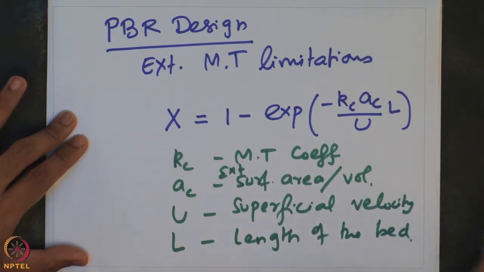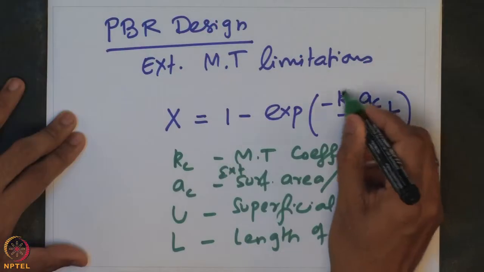So, often the question is, how do we improve the conversion of a given reactor? We know the conversion as a function of the mass transport coefficient, the external surface area which may be available in the bed, and the superficial velocity.